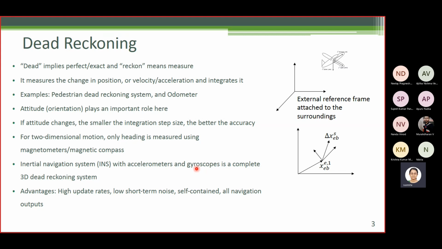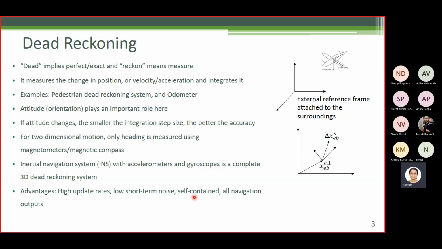Low short-term noise. Over a small interval, noise is low. The noise is basically the random error which gets added to the measurement. We call it noise. It has to be modeled statistically. So it has low short-term noise.